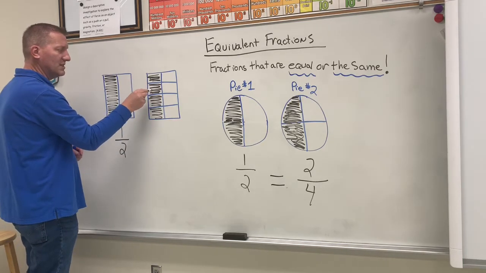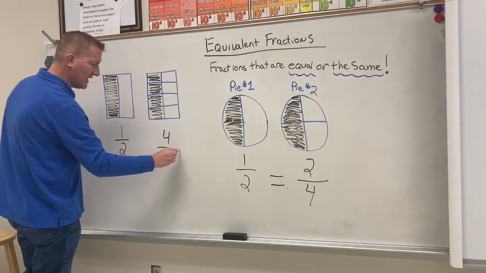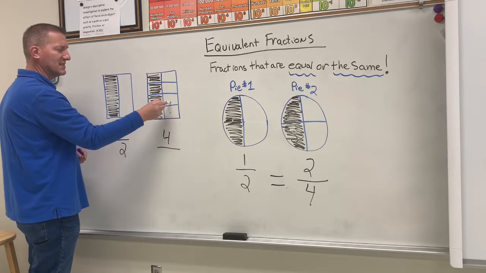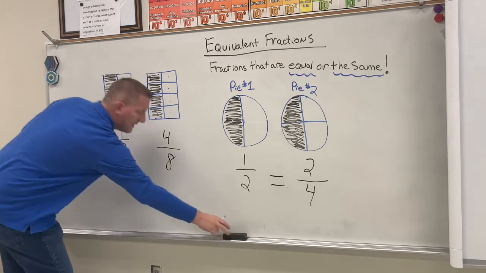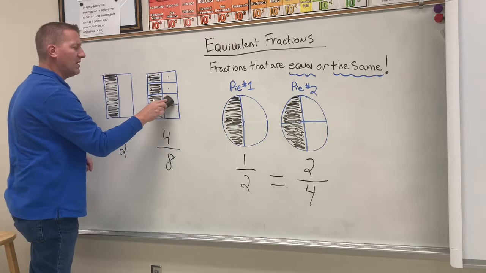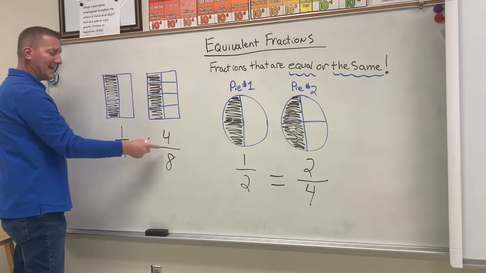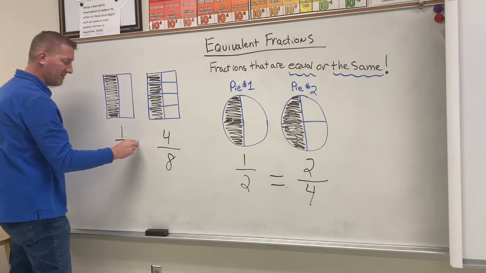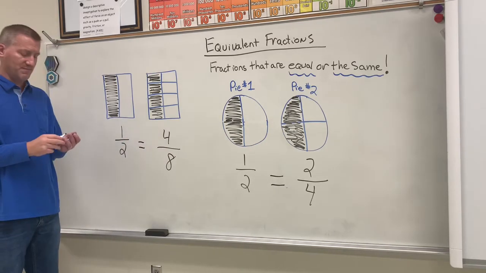We have 1, 2, 3, 4 parts shaded out of 1, 2, 3, 4, 5, 6, 7, 8. So it would be 4/8. So 4/8 is equivalent to 1/2. Okay, so they're equal. They're equivalent.